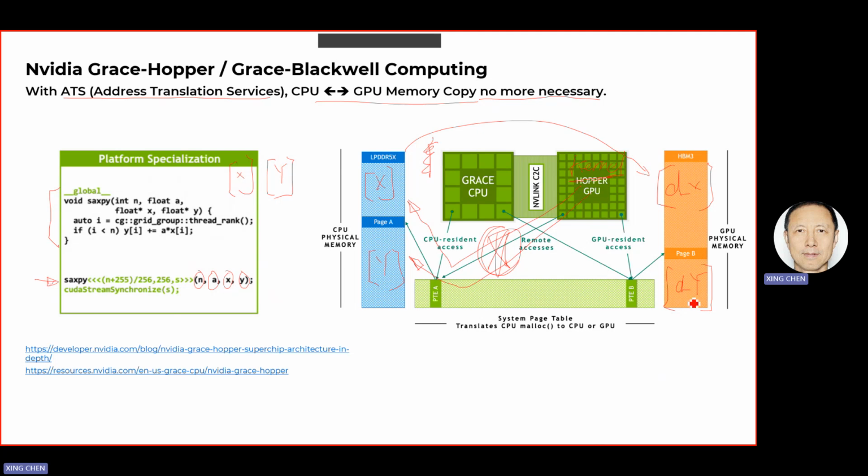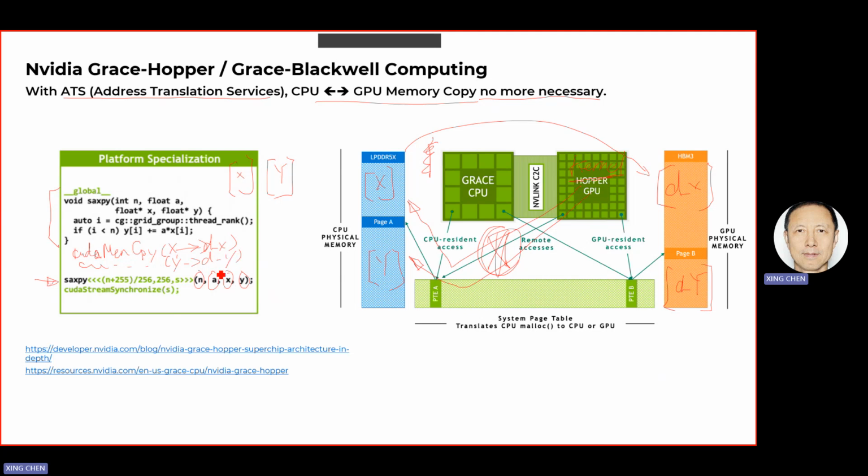So to call this kernel function, you have to do the CUDA memcpy function, and so on. You have to copy from x to d_x with this function call, and then do the memory copy of y to d_y.